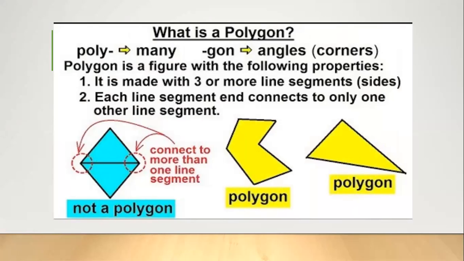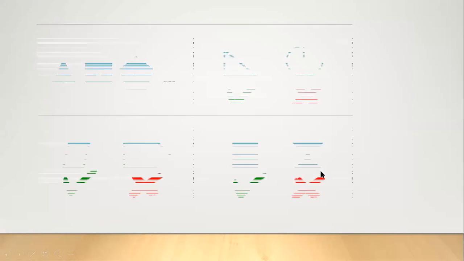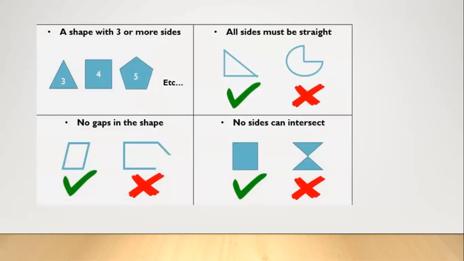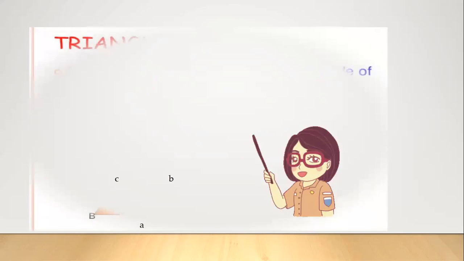Here the first example is given where the endpoints are connected to more than one line segment, so this is not a polygon, but these two shapes are polygons. So a polygon should have three or more sides, and all the sides should be straight. There should be no gap in the shape, and no sides can intersect in a polygon.